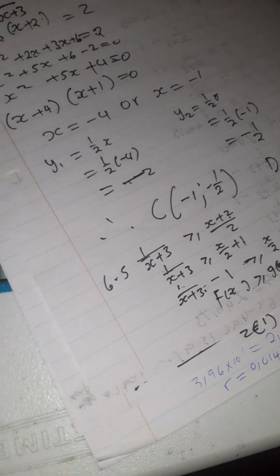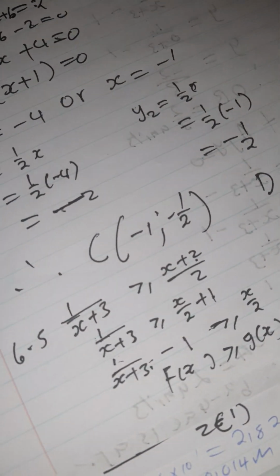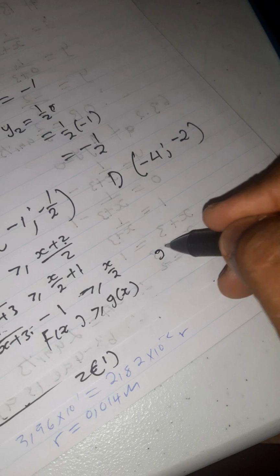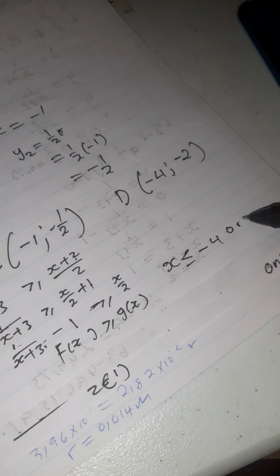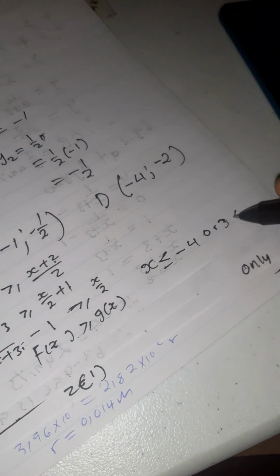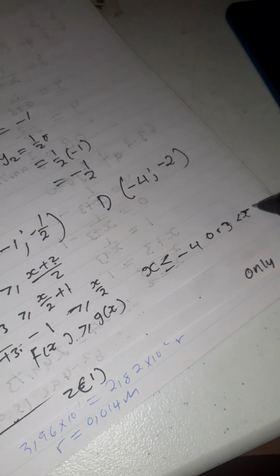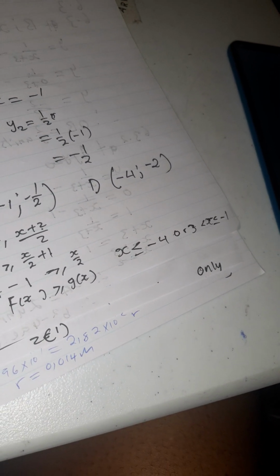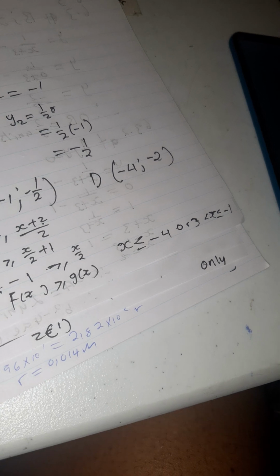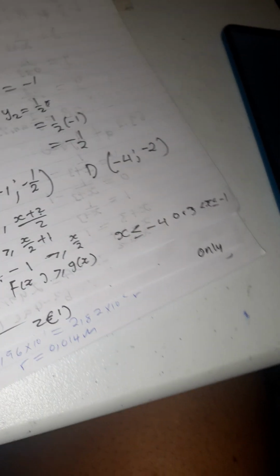They want the values where f of x is greater than or equal to g of x. So it's going to be x less than or equal to -4, or -3 less than x less than -1. Check. f of x is greater than or equal to g of x.